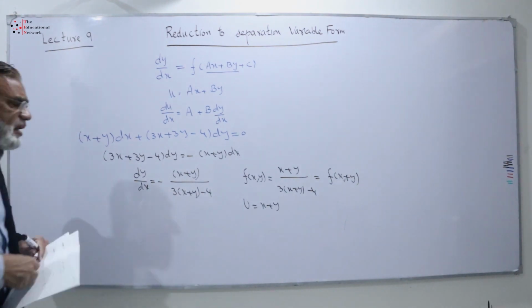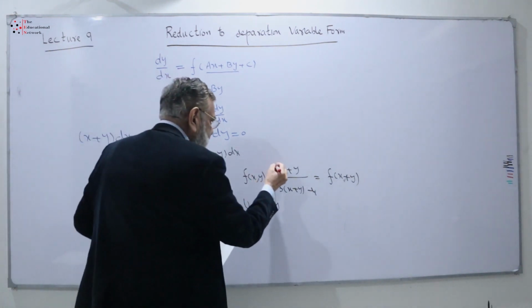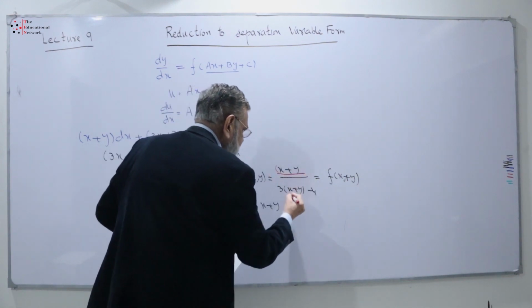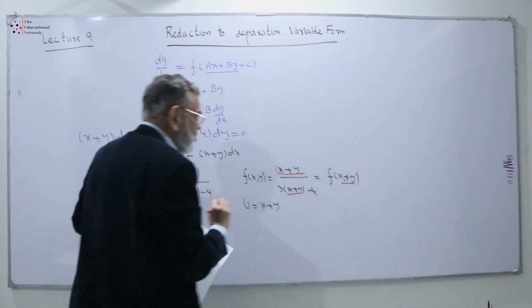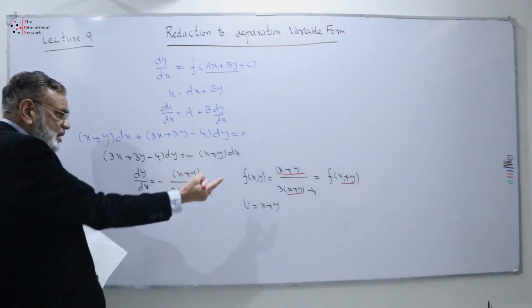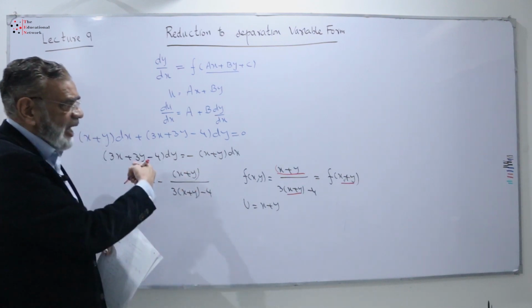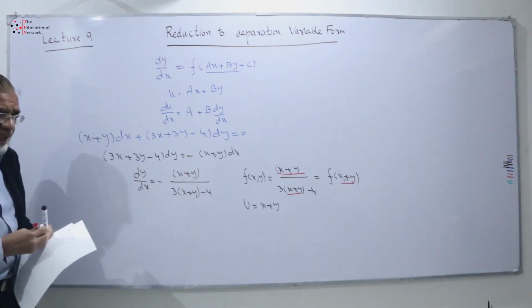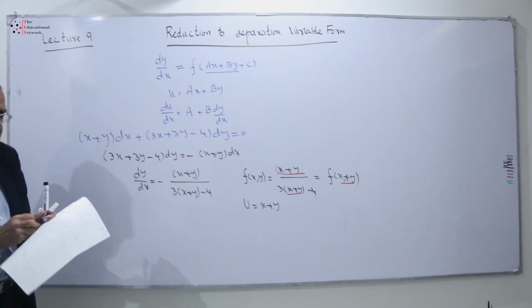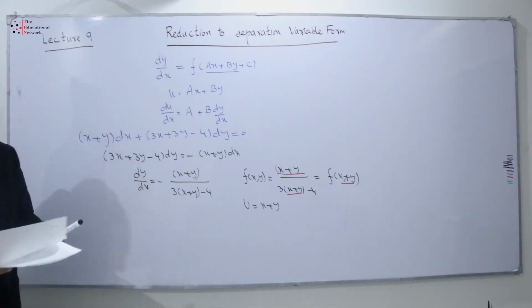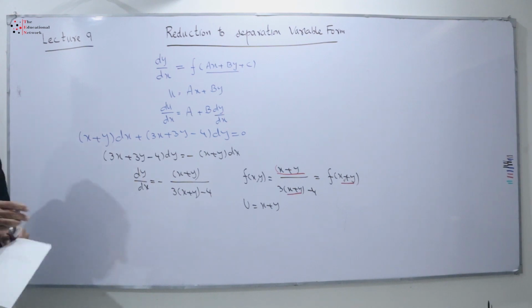We find that this value x plus y is repeating, so we take it equal to u, and then we can write the value of du by dx. I explained that in the last lecture. Similar to this, there are some other cases which I am going to discuss today.